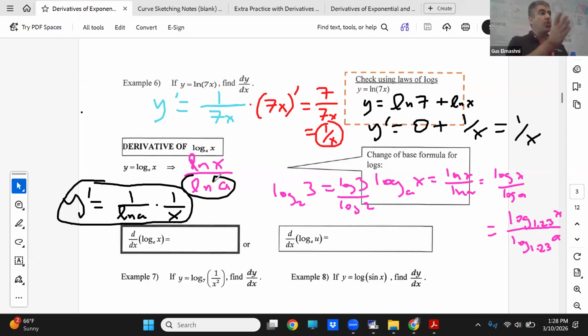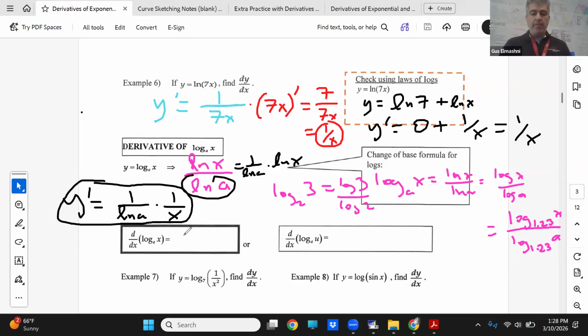Divided. That's why you push it off to the side. If you push it off to the side, it's 1 over ln A, that's a constant, mind you, times natural log of X. And what do we do about constant multiples? They come along for the ride for the derivative, right? So 1 over ln A stays in the derivative, but now you focus on ln X. Derivative of ln X, we know, is 1 over X. And that's what you get.